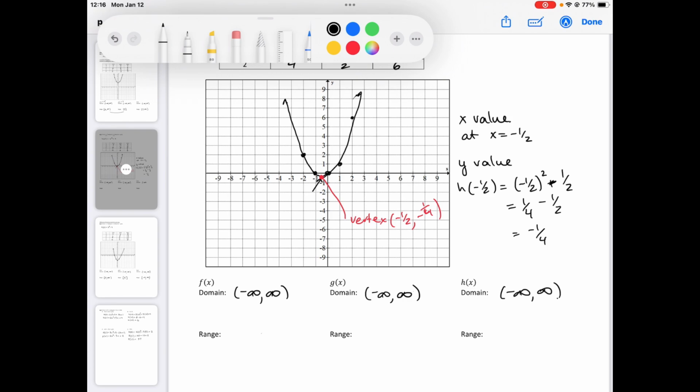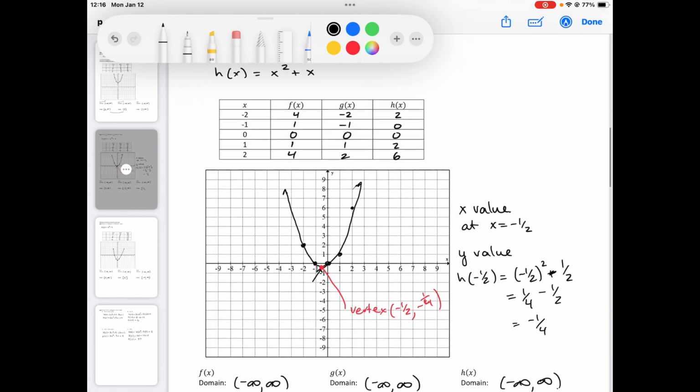The range for my first one is going to be just my x squared function, which is from 0 to positive infinity. The range of my second function is -1/4 to positive infinity. When I add those two ranges together, the range of h(x) is going to be -1/4 to infinity here.